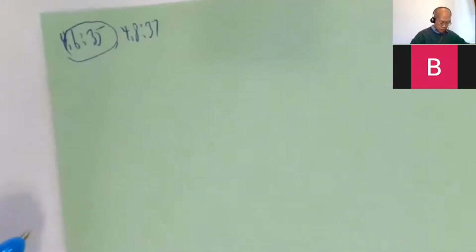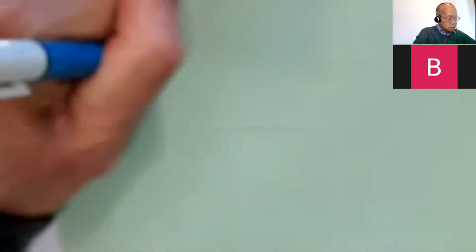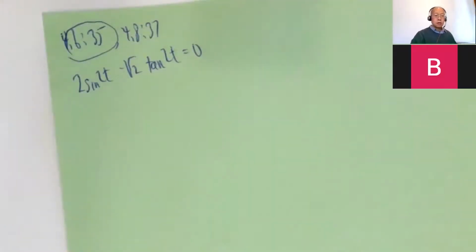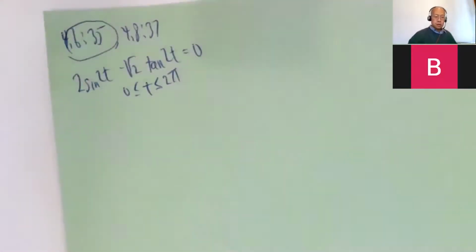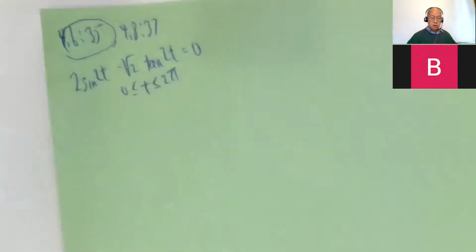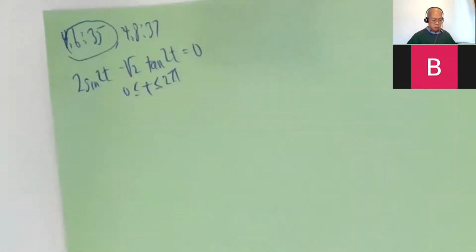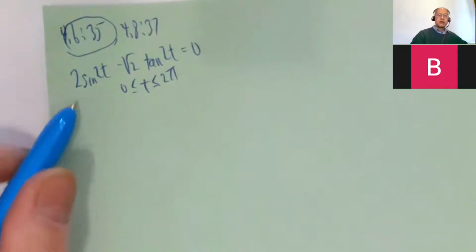I'm doing this one right now: 2 sine of 2t. First thing I'm going to do is get rid of the 2t.